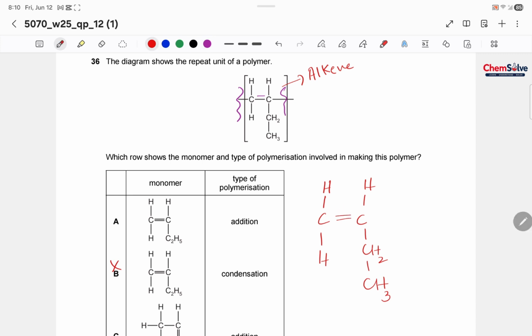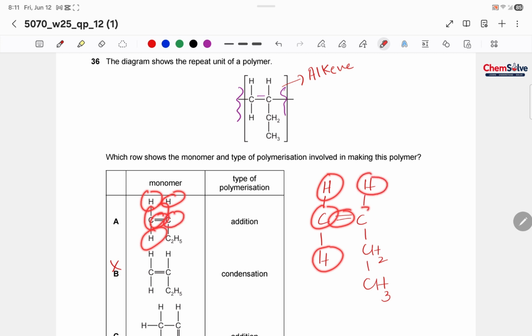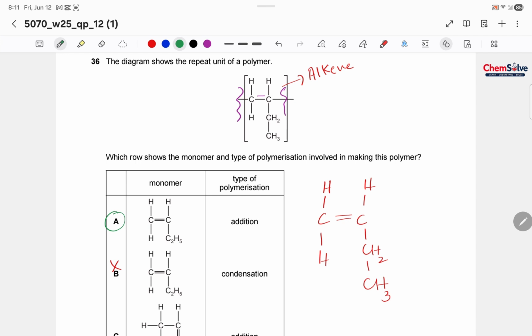So I will put a double bond. So this monomer exactly matches with option A. You can see this H, carbon, carbon, hydrogen, hydrogen, again double bond, hydrogen, hydrogen, carbon, and it is C2H5. If I combine it, this is C2H5. So it exactly matches with this. So I believe A is the correct one.